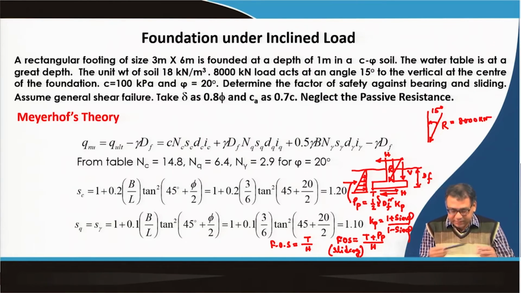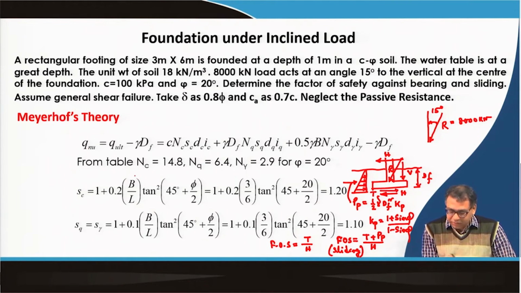So, now let us solve this question. We are calculating Q net ultimate, which is Q ultimate minus gamma D_f. This is the expression I have used a number of times, for a general shear failure.